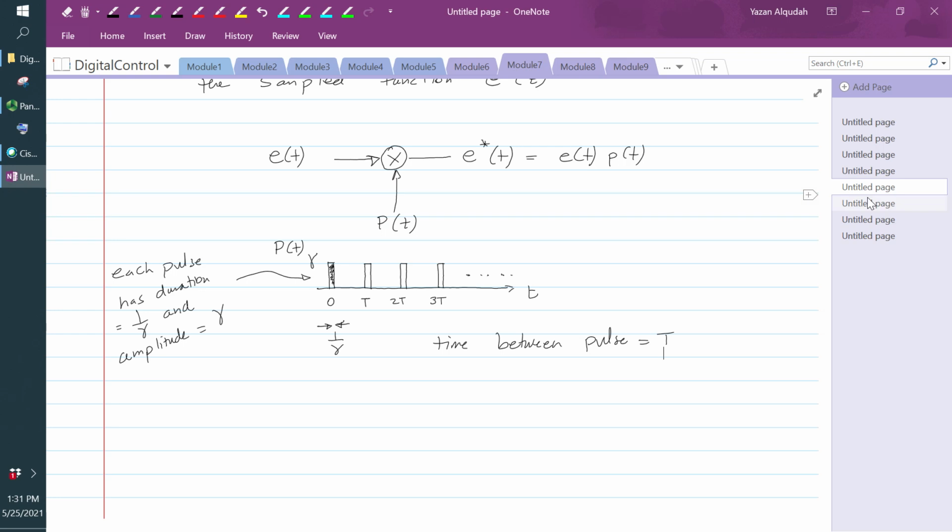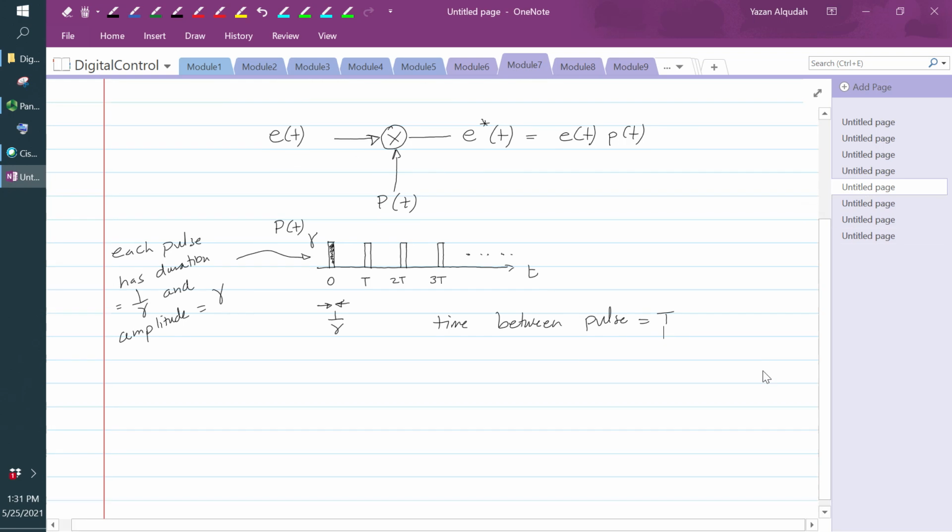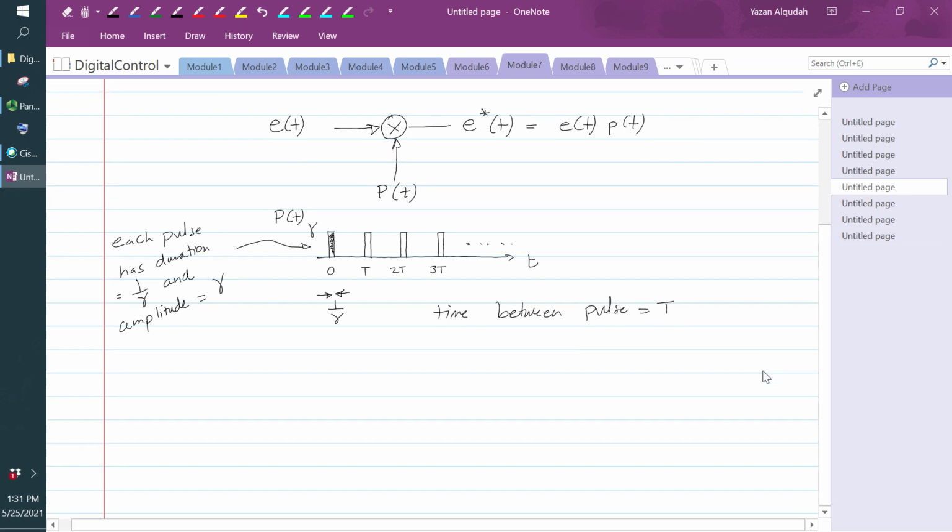Okay, so let's see what happens if I take a signal and I multiply it by this pulse train. Let me start a new page, and before I lose these pages, let me copy paste these.